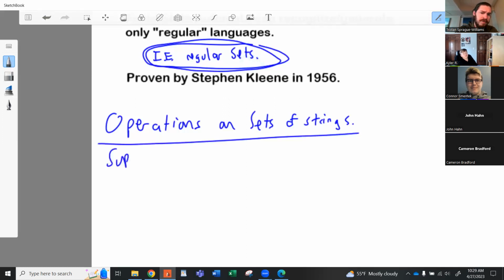First, suppose that A and B are subsets of the set of all strings over some alphabet. The alphabet is called I, because for finite automata it's I for input alphabet.